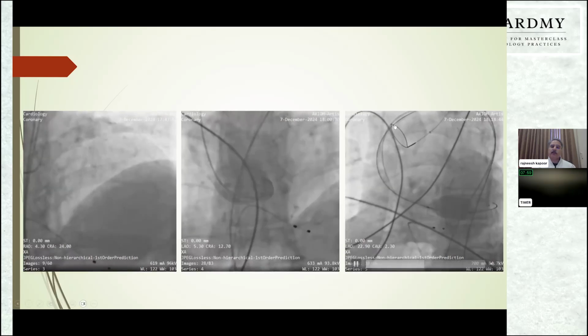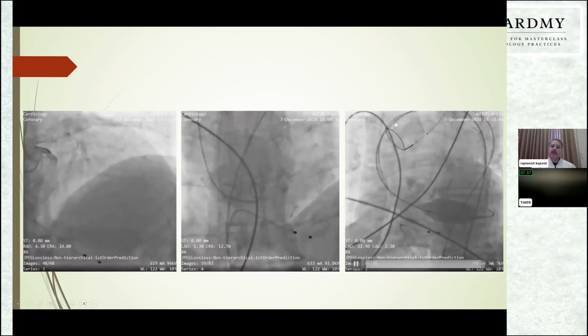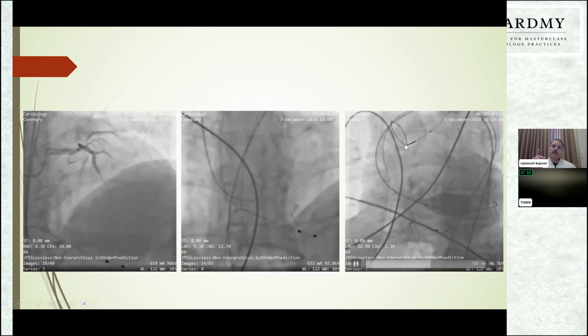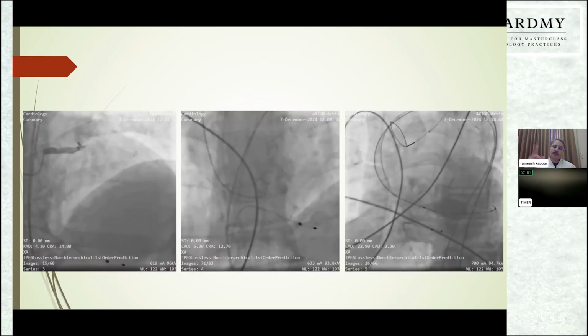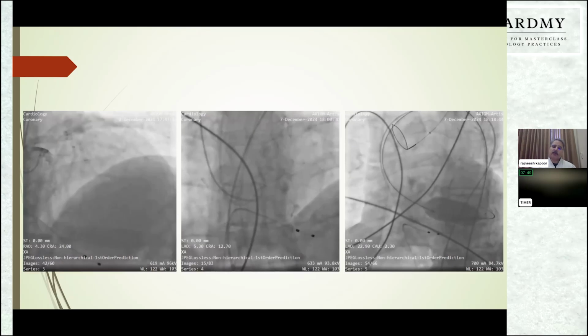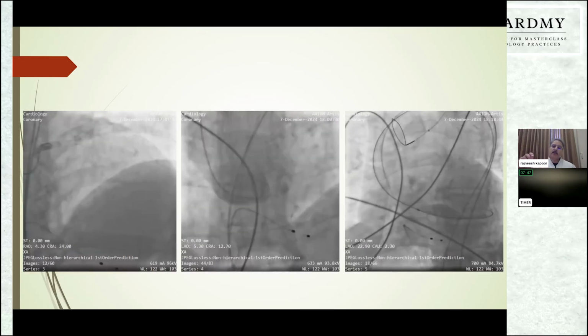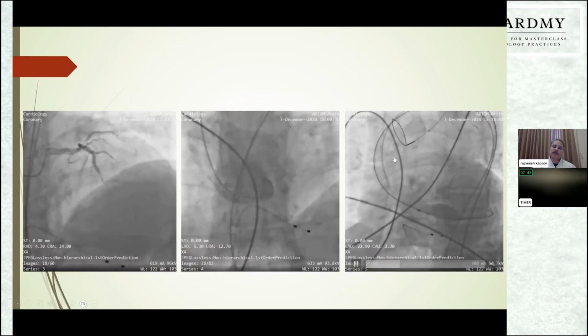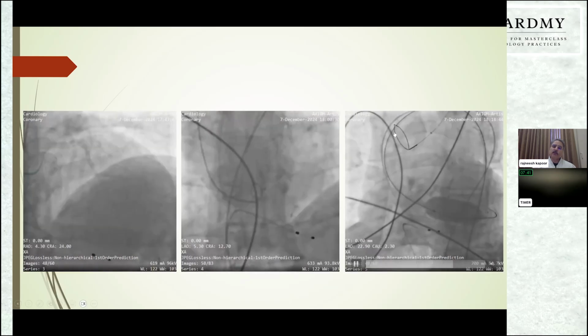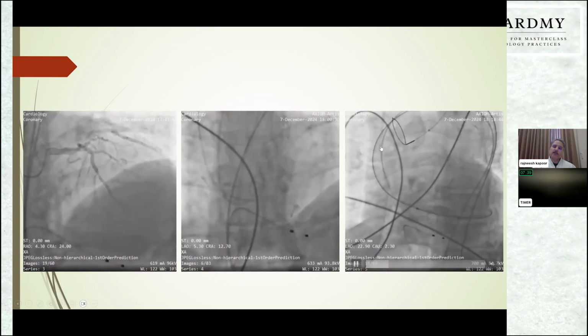So look at the third video. There is a snare initially, and this snare should be there at the beginning. While you cross with the diagnostic catheter and the wire, the aortic valve, everything should go through this snare. So I think you can all visualize that everything is going through this snare.